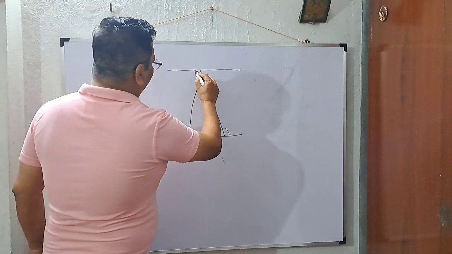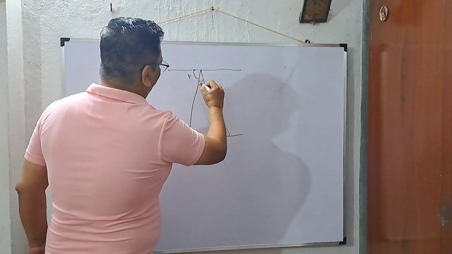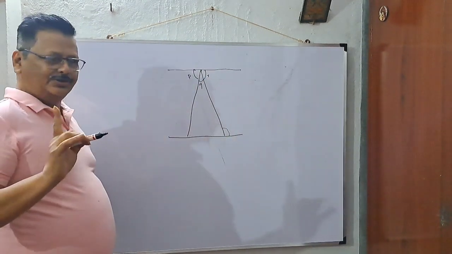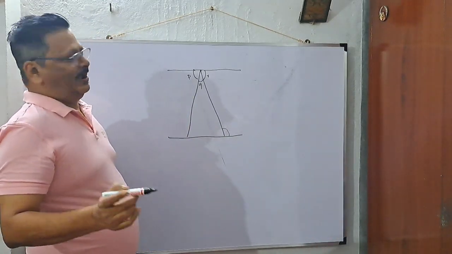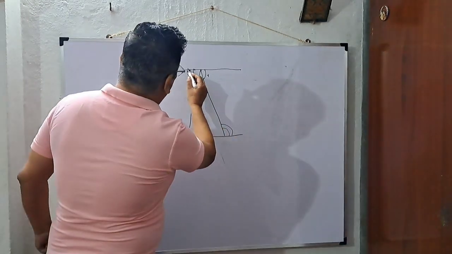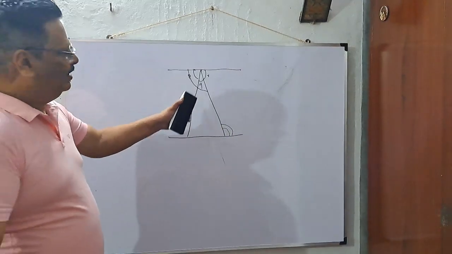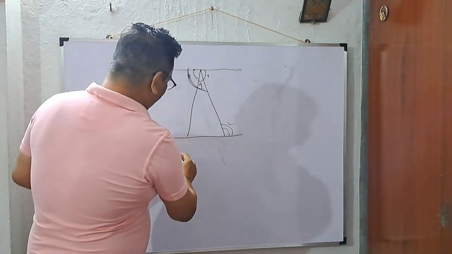We have said this angle is equal to P, this angle is equal to Q, and this angle is equal to R. Now, by the theory of alternate angles, this angle should be equal to the whole of this angle.